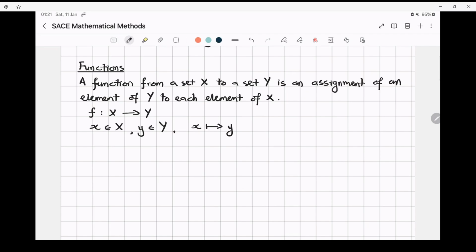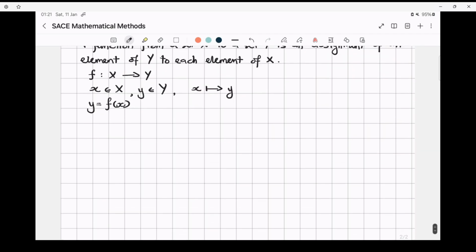Usually in exercises, what we would write is y equals f of x. So this is what we would usually write. So now you can see the idea of a function.